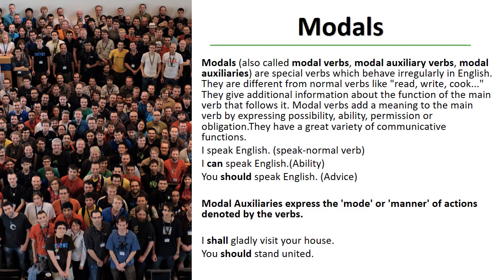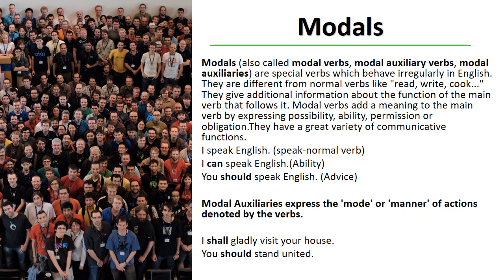I can speak English. So here what I am trying to convey is, I am telling you that I am able to speak English. So here this sentence expresses ability.